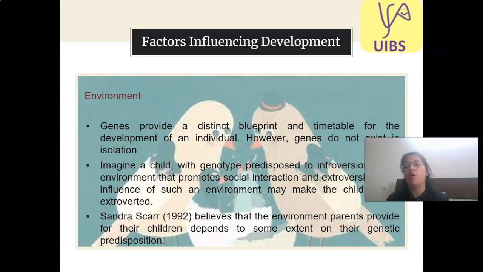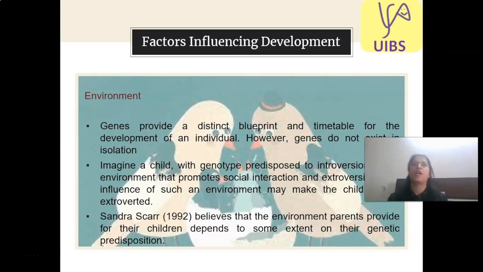So how our environment influences the entire process of our growth and development differs based on the environment that we are produced in. We are also genetically predisposed to certain diseases, right? Now not all of them convert to actual diseases. It depends on the kind of environment that we grow in. Suppose one parent has diabetes, so there's a possibility for the child to have diabetes.